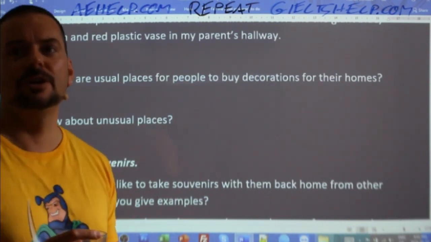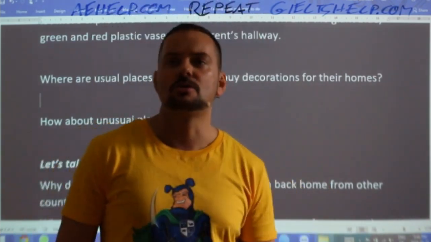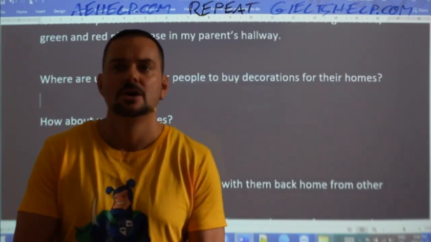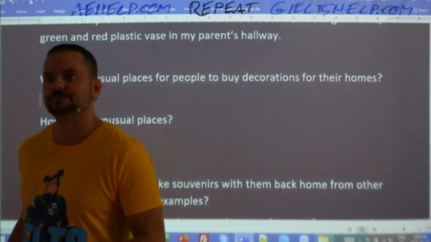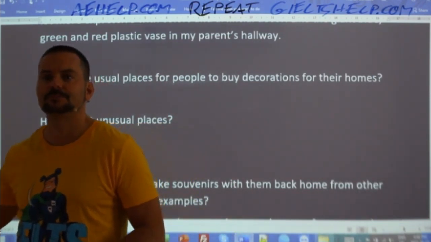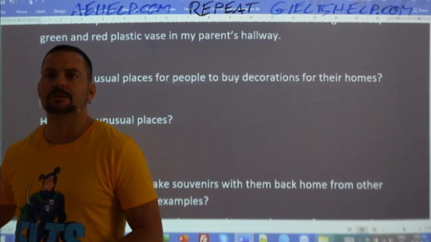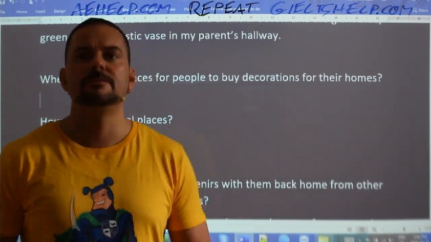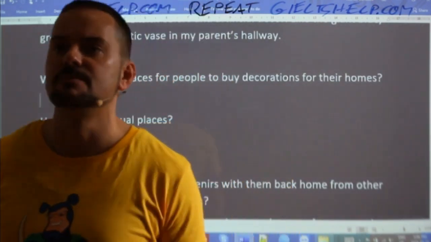Juan Pablo Avila says some common places, nice paraphrasing, Juan. Some common places are home centers or supermarkets because in those places, ornaments are cheap with a great selection. Okay. All right. Ferdovs says, nowadays there are a variety of places to purchase decorative goods, such as museums.